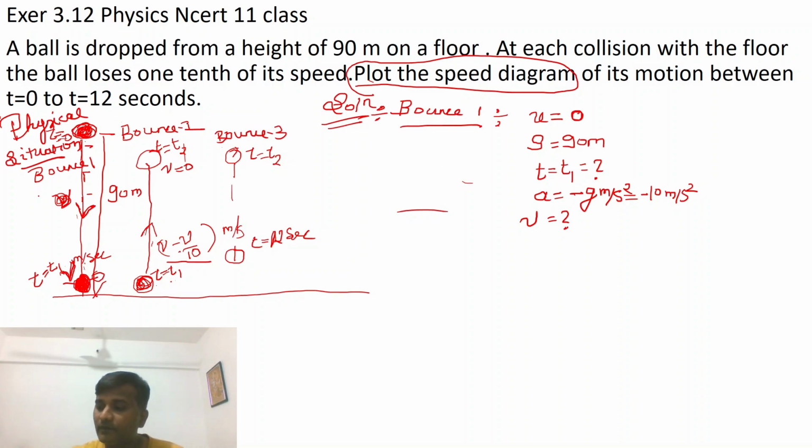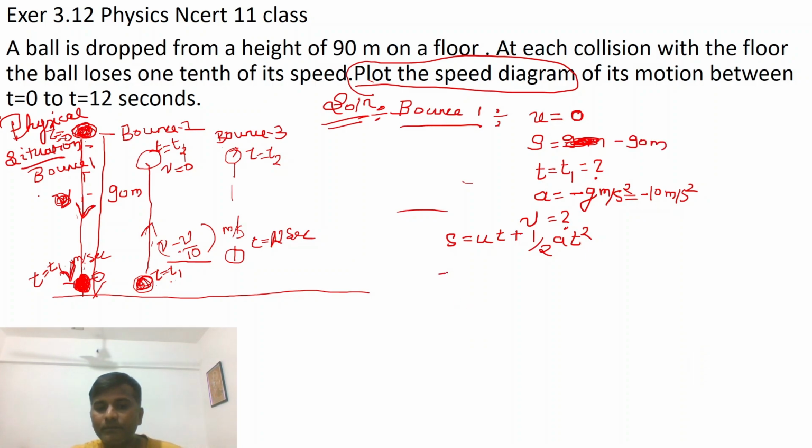Now let us use the kinematic formulas that we have. S is equal to ut plus half at square. Because the displacement is also downward, this will be minus 90 meter.